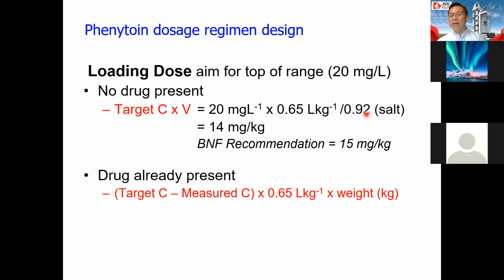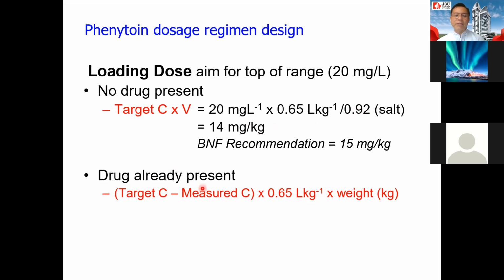So if the tablet is phenytoin sodium, you have to convert from phenytoin sodium to phenytoin by the salt factor. If you want to convert back from phenytoin to phenytoin sodium, you divide by 0.92.